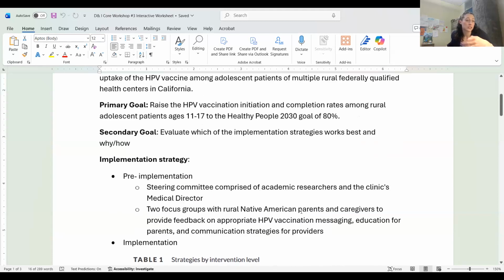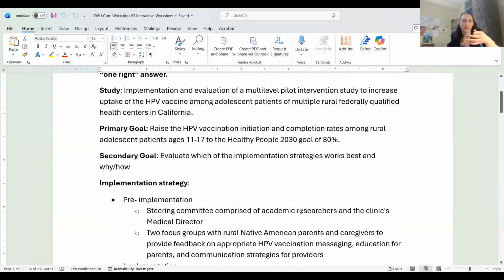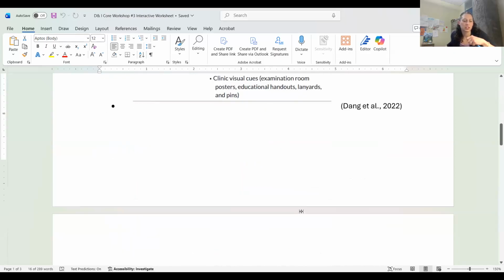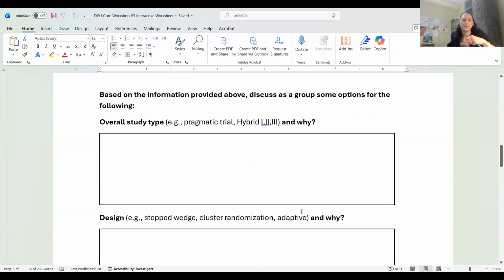And so what we would like to discuss as a group is, if this is a study that you were designing, where you're trying to implement this intervention to increase uptake of this vaccine, what are some of the design considerations we might make? So what kind of study would this potentially be?